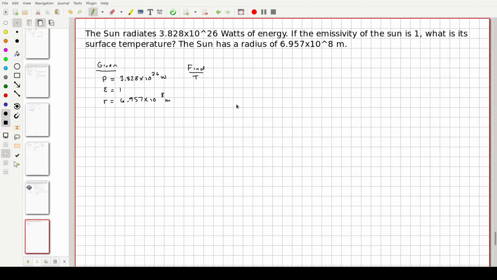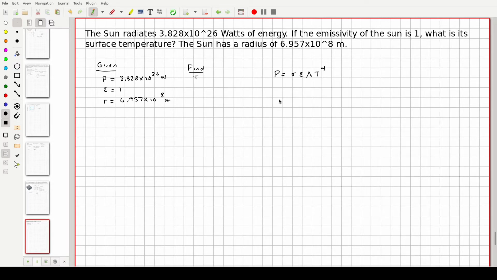Okay, so let's look at the Stefan-Boltzmann law real quick. The Stefan-Boltzmann law says that the power that something puts out is equal to some constant times what type of emitter it is. Is it a black body? How much of a black body is it? Times the area that is doing the emitting times the temperature to the 4th power. The area of the sun that's doing the emitting is its entire surface area.